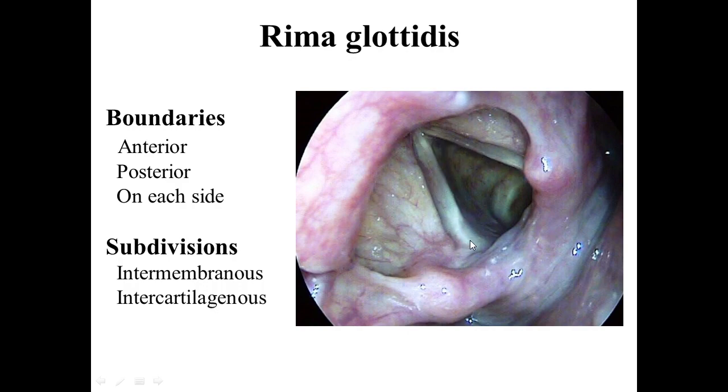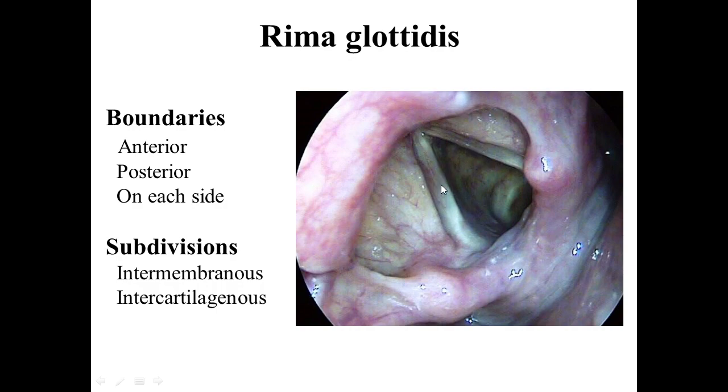Now we have already seen the vocal folds consist of vocal ligament in the anterior 3/5 part, and in the posterior 2/5 part there is vocal process of arytenoid cartilage. So rima glottidis is divided into two parts.